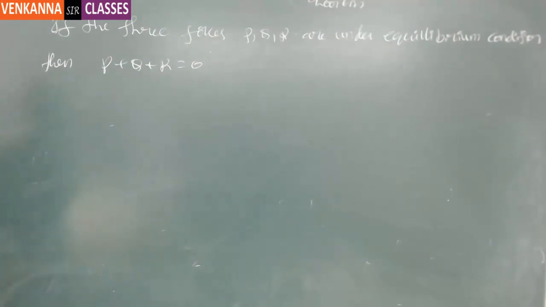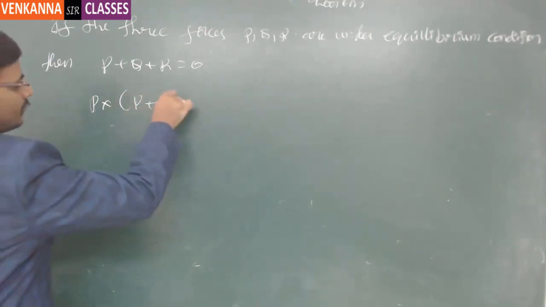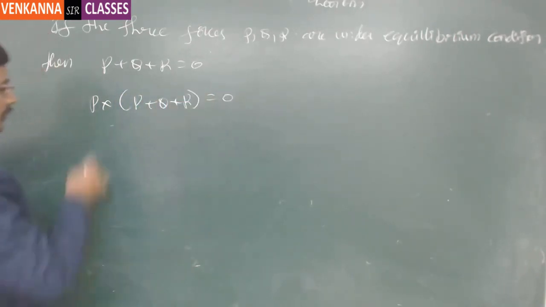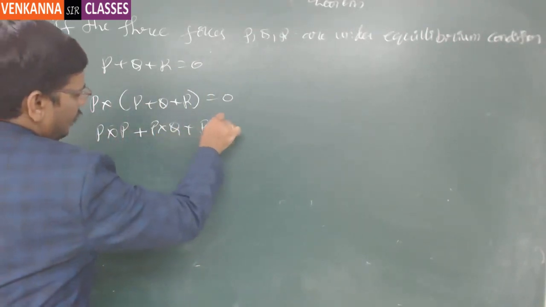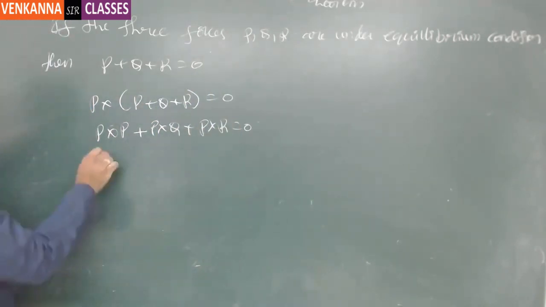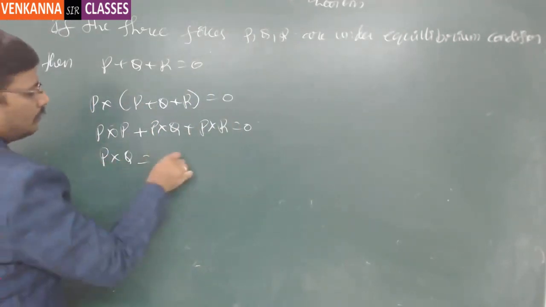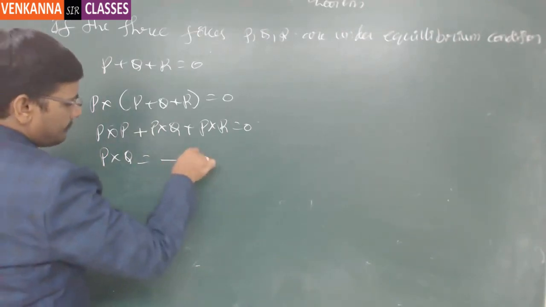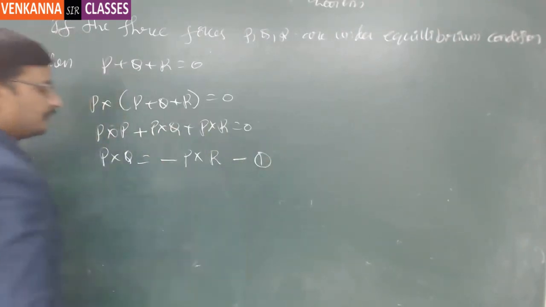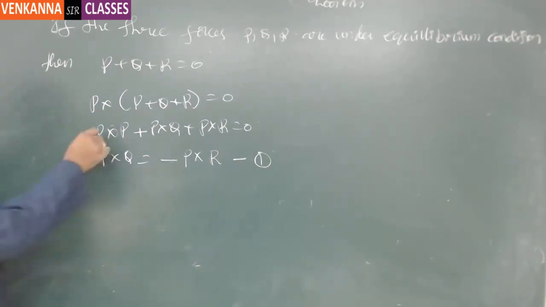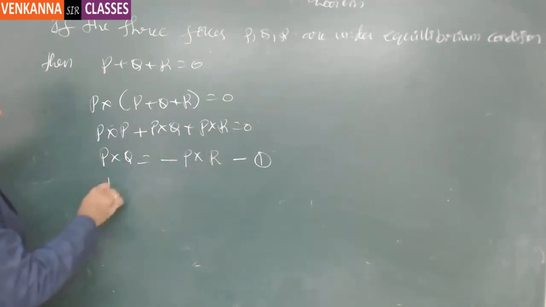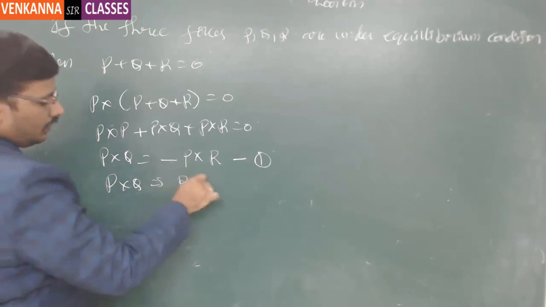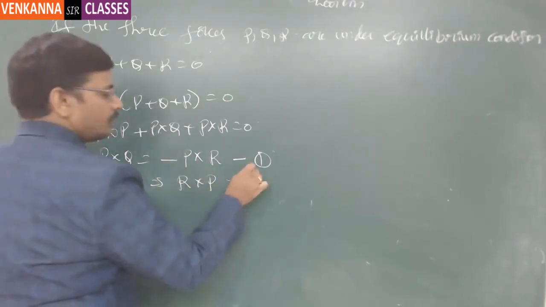And for this relation, if you take a cross product with P, then P cross (P plus Q plus R) is equal to 0, or P cross P plus P cross Q plus P cross R is equal to 0, or P cross Q is equal to minus P cross R. Because P cross P is equal to 0, you can keep P cross Q here, and P cross R you can take to the other side. Or P cross Q is equal to R cross P. So this is equation number 1.